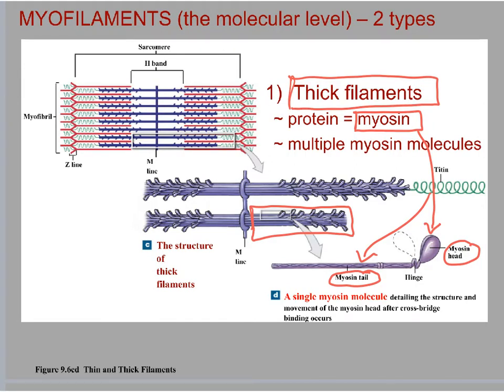In the picture up in the top left-hand corner, I'll just switch colors. This entire structure is the next level of organization that we're going to look at, but I want to point out to you where the myosin molecules are in this.